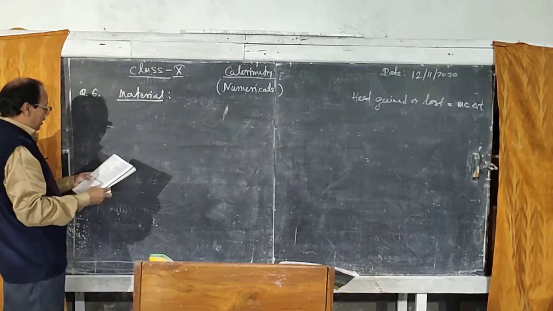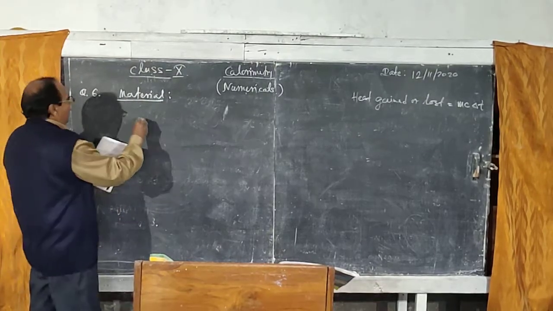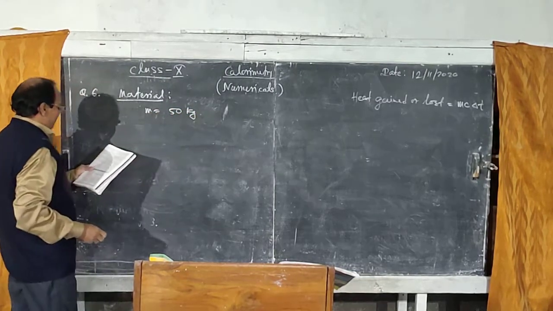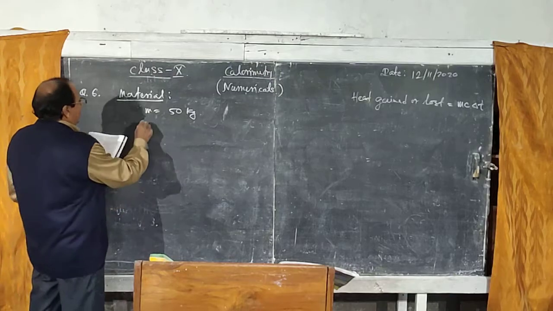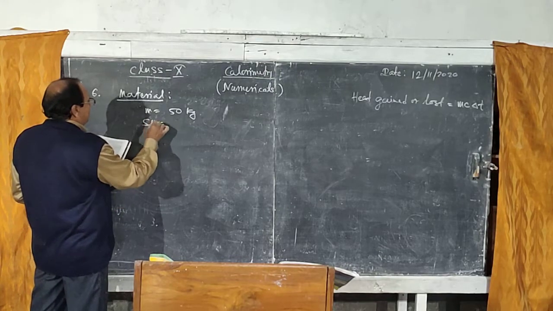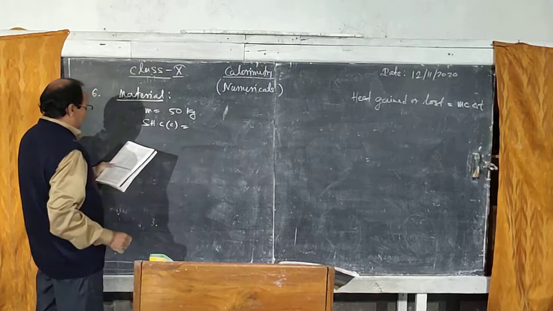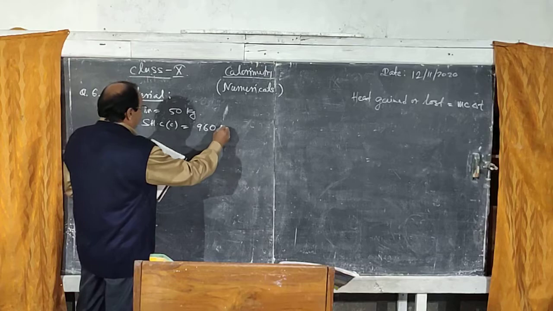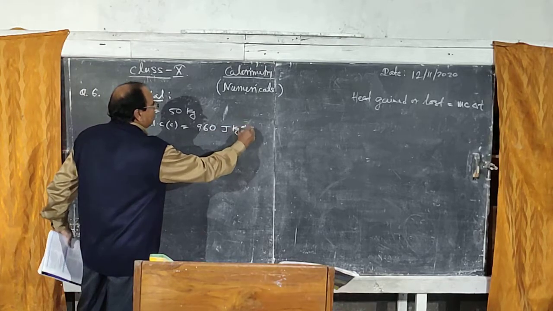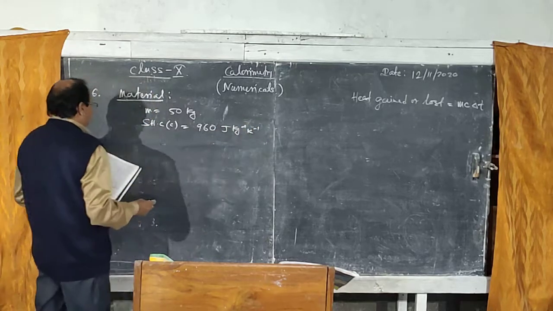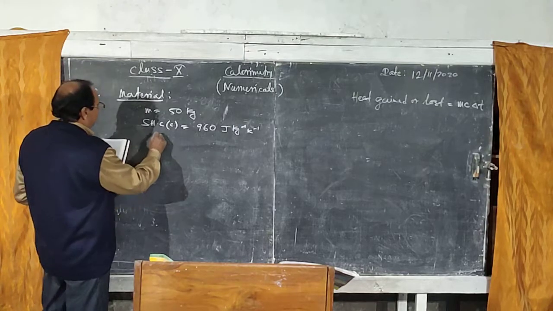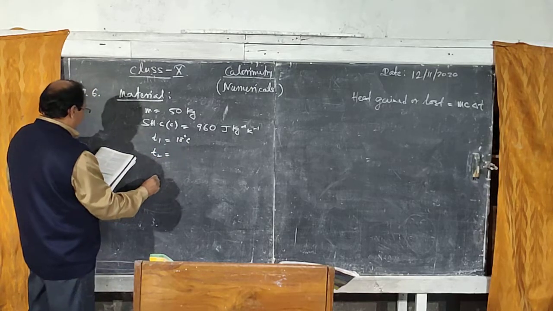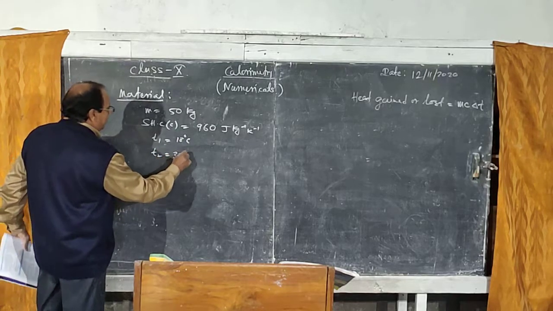In the material we will write mass 50 kg, then SHC equals 960 J kg⁻¹ K⁻¹, and T1 is given 18 degrees Celsius, T2 is given 38 degrees Celsius.